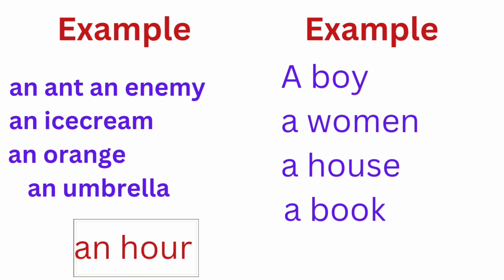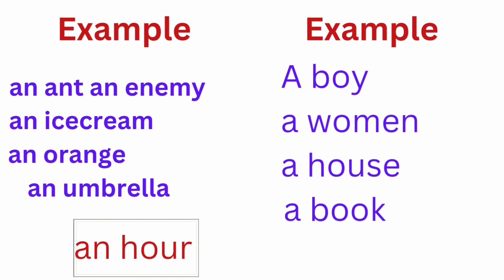Let's look at examples where we will use an: an aunt, an enemy, an ice cream, an orange, an umbrella, an hour. Notice in the word hour, the H is silent. Hour starts with a vowel sound, so an is used before the word hour.